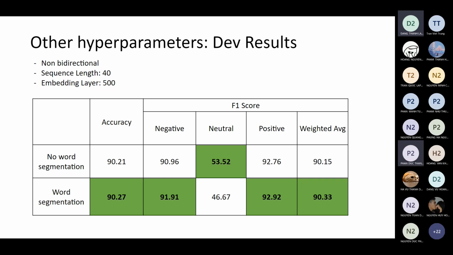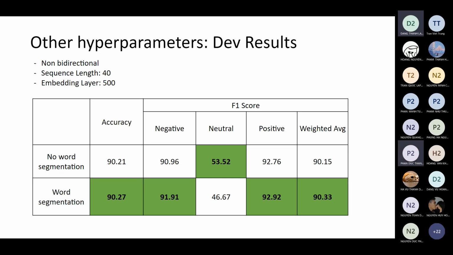We also compare the performance when we use word segmentation compared to using word splitting only. As you can see, the accuracy and the overall weighted average F1 score are higher when we use word segmentation. But interestingly, the F1 score of the neutral class is higher when we don't use word segmentation.